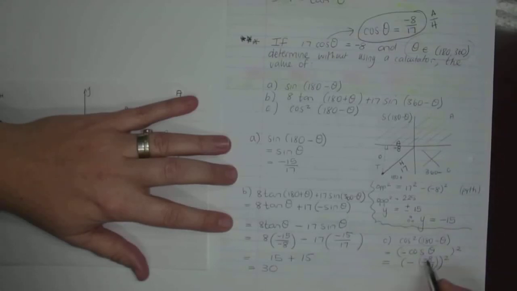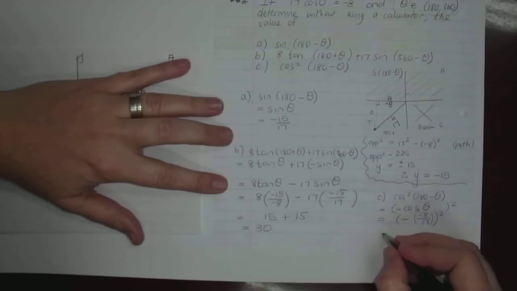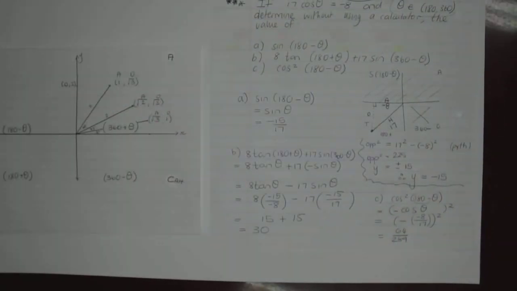Inside, a minus and a minus is a plus, and then I will have 64 over 289.